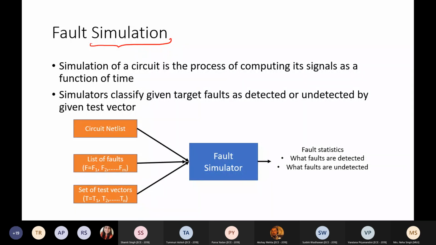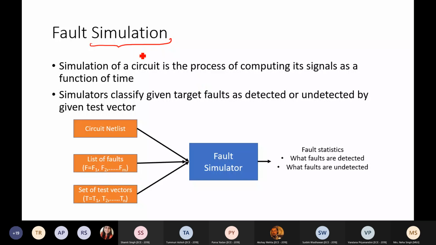So simulation of a circuit is simply a process of computing its signals as a function of time. You have used Verilog. You can write the circuit expression in Verilog, or you can write a program in Verilog for the circuit and fault simulation. The only thing is, how do we introduce faults in that? So we'll see it today.